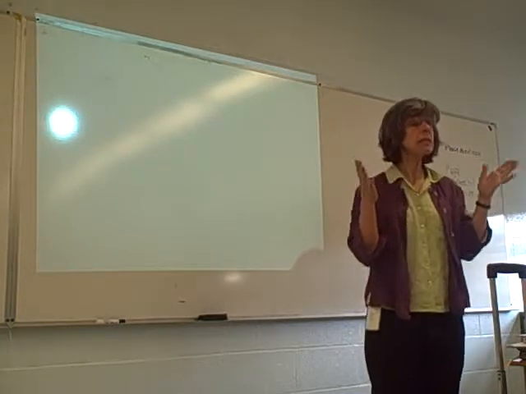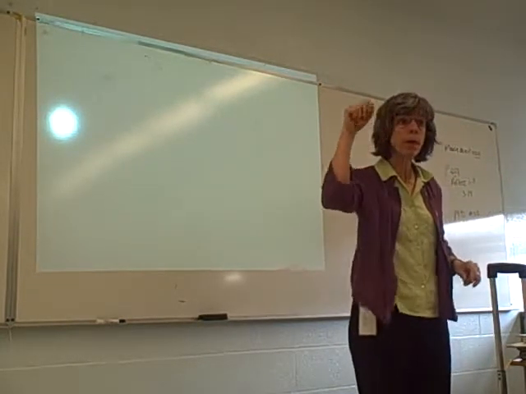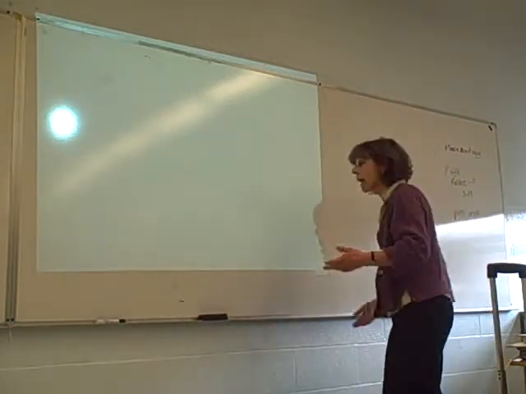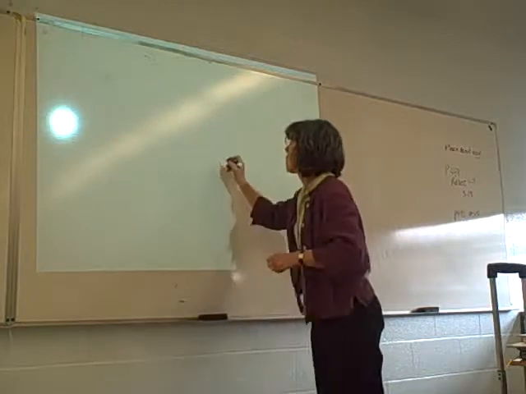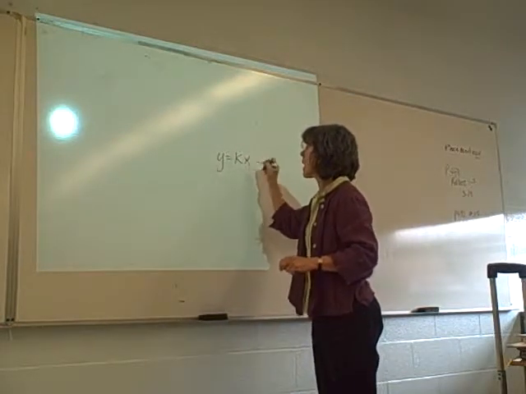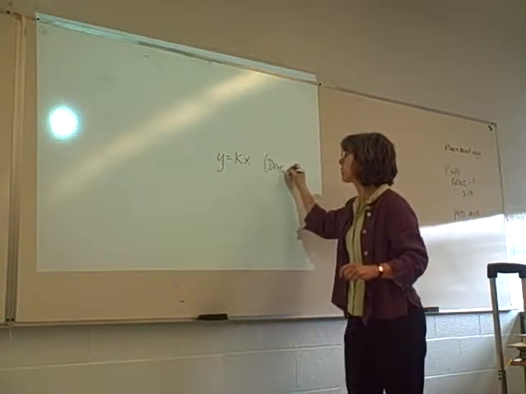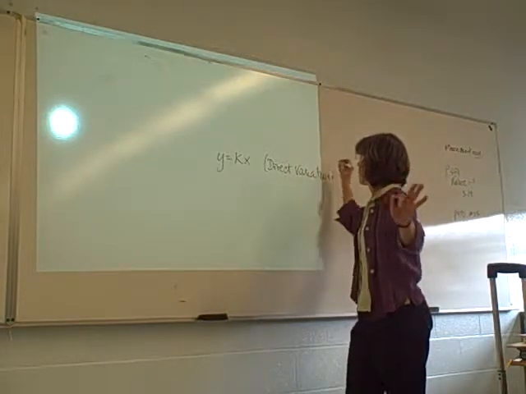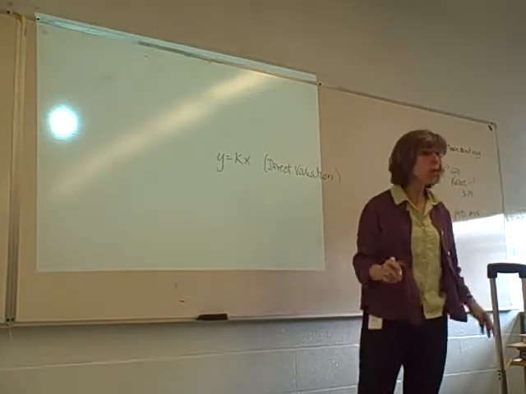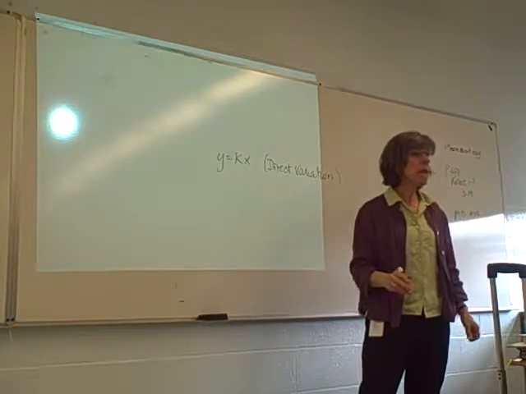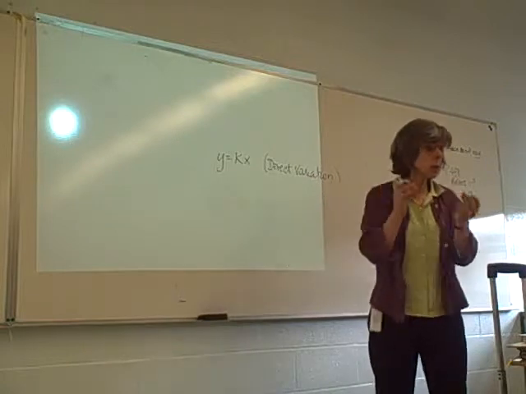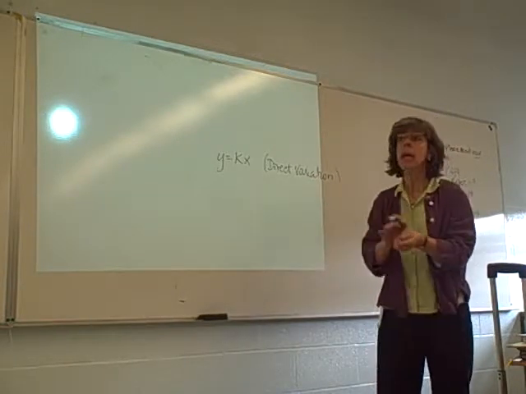Okay? And does everybody know what we mean by direct variation? What is that formula right off the top of your head? Okay, y equals kx. So y equals kx is going to be direct variation. I thought you said that joint was... Hold on. If I have joint variation, it means two things are varying jointly, and it may be indirect.